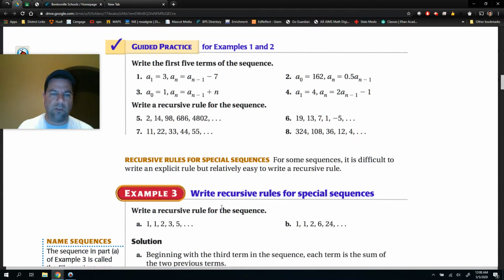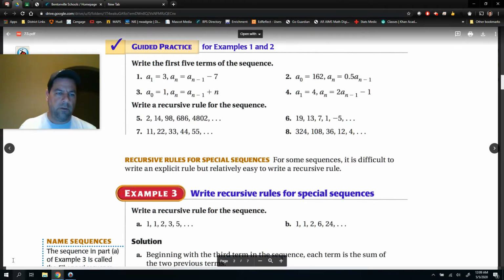Now, these are special sequences. So let's look at this. This is example number 3. This is a 1, and then a 1, and then a 2, and then a 3, and then a 5, dot, dot, dot. And B is a 1, and a 2, and a 6, and a 24.